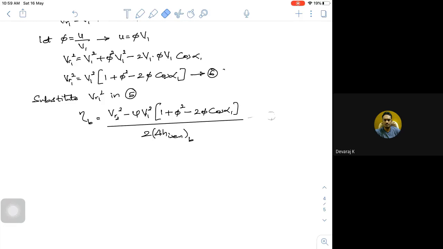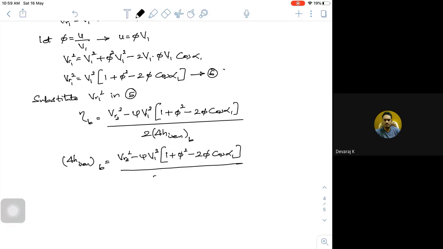So I can write delta H isentropic for the blade is equal to VR2 square minus psi into V1 square into 1 plus phi square minus 2 phi cos alpha 1, whole thing divided by 2 into the blade efficiency.